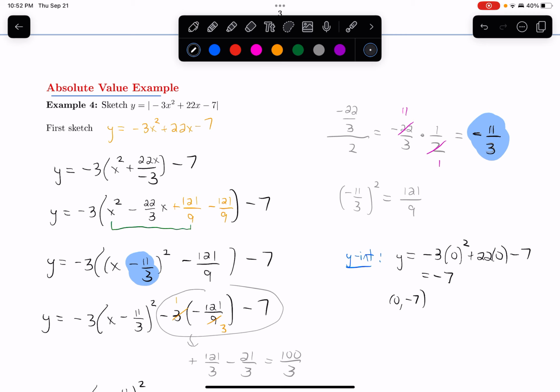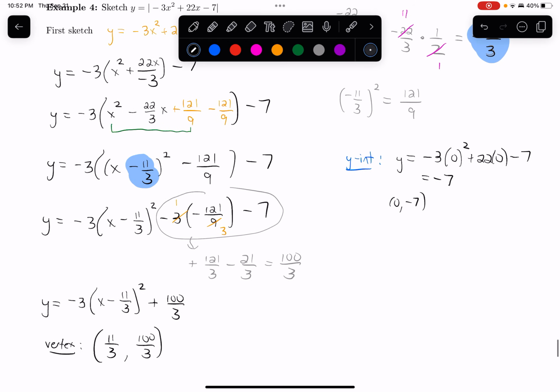All right, let's get the x-intercept. For this, I set my y value equal to 0. And we've mentioned in the last couple of videos that usually the algebra is going to be easier if we do that in the completed the square form.